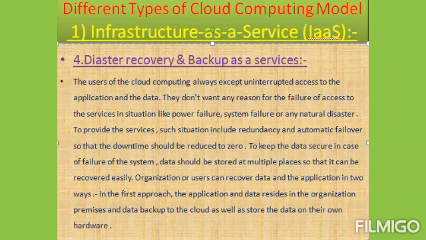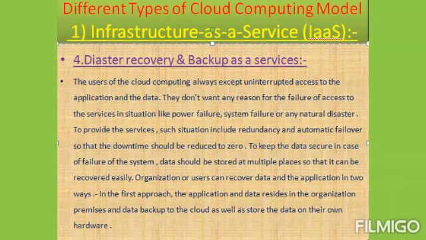To provide this, redundancy and automatic failover are included so that downtime is reduced to zero. To keep the data secure in case of system failure, the data should be stored on multiple machines or places so that it can be recovered easily.